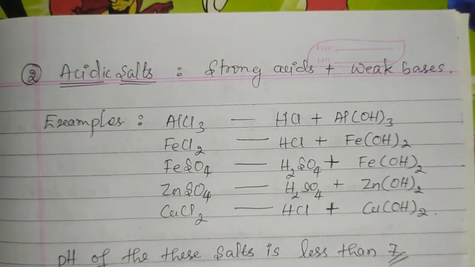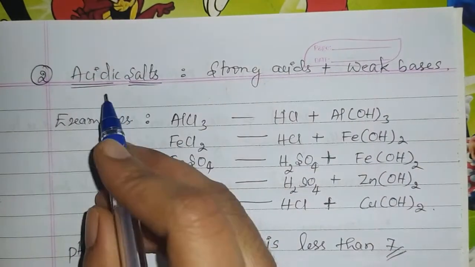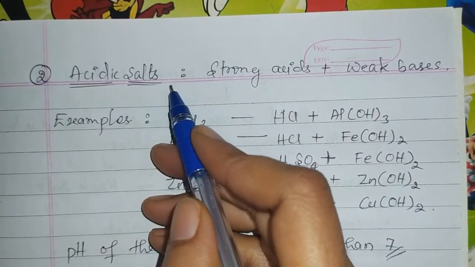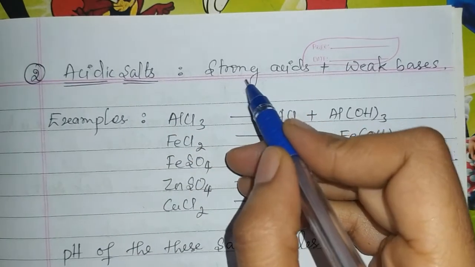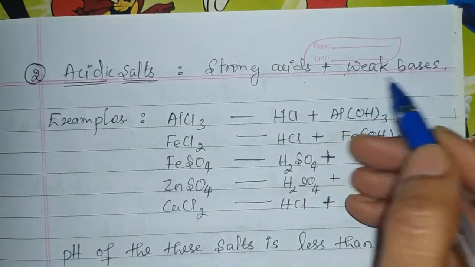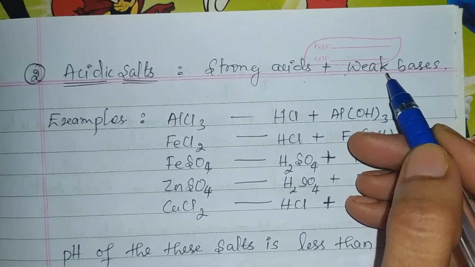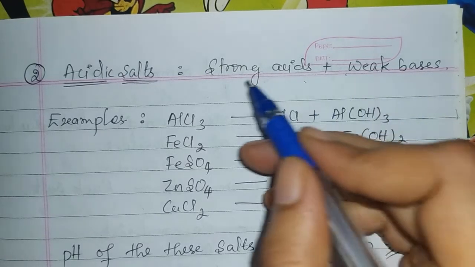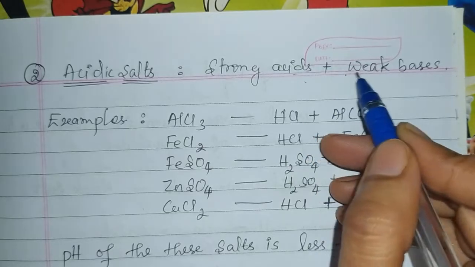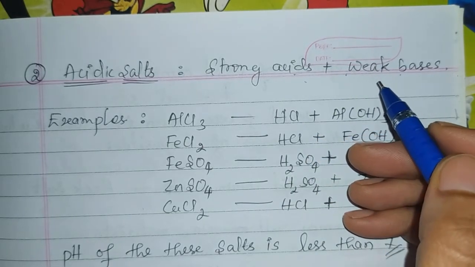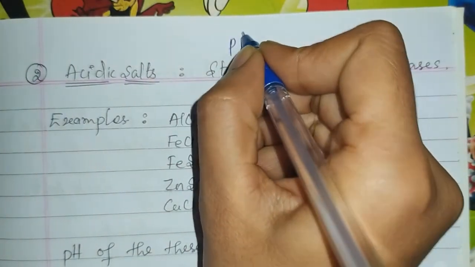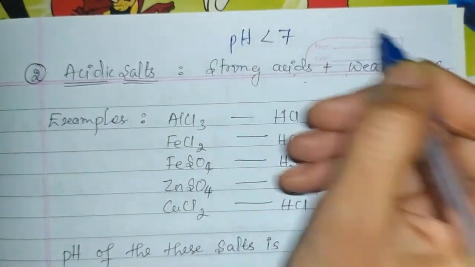Let us see the next one. Acidic salts are formed when strong acids react with weak bases. The salts formed during the reaction between strong acids and weak bases have a pH value less than 7.